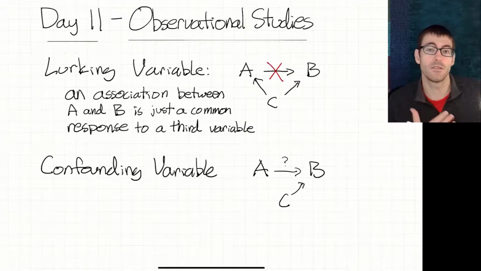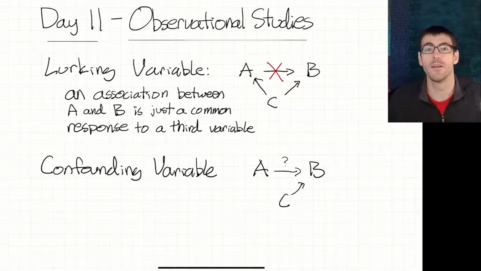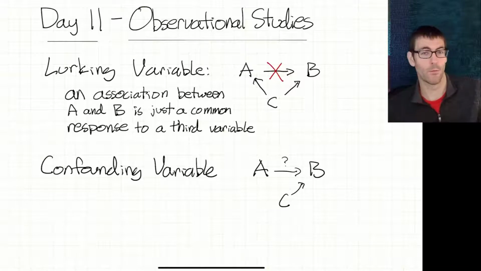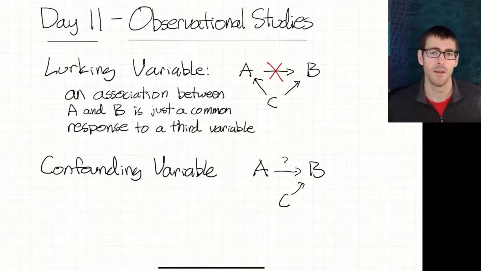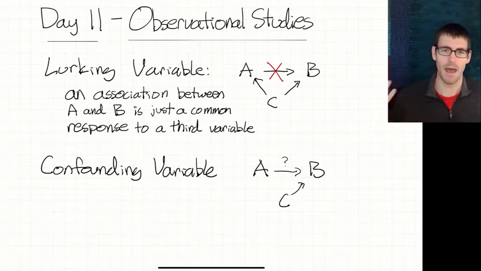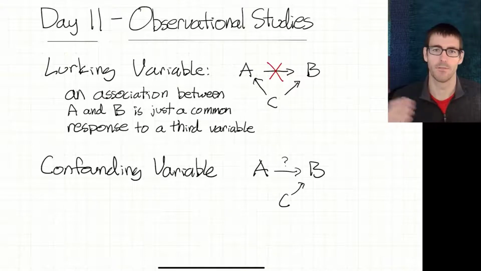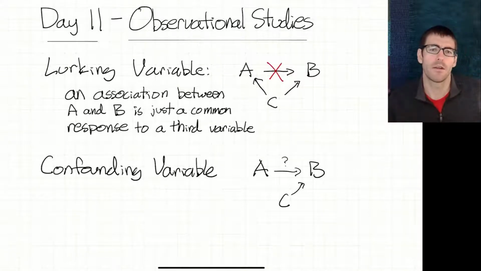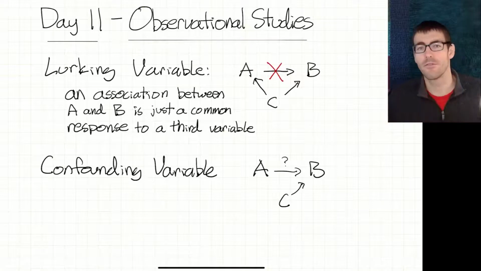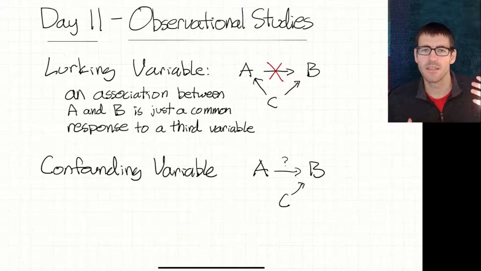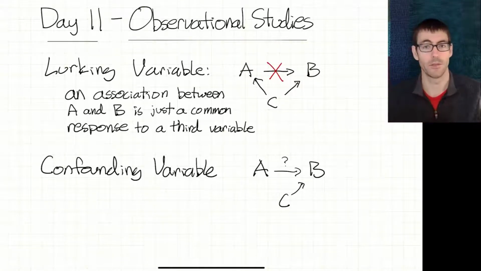Well, is that due to the sale, or was there potentially something else going on? Maybe there was a big festival in town, so there were more people on the streets, or maybe the weather was good or bad or whatever makes people want to buy toaster ovens. A confounding variable is going to be any other variable that is driving people to buy these toaster ovens.